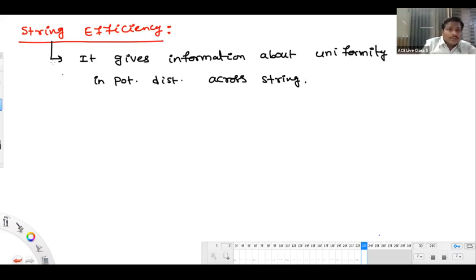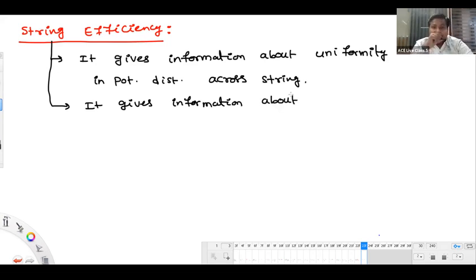That's one point. Next one, it gives information about utilization of disks in the string. Okay, these two are the terms governed by the string efficiency.